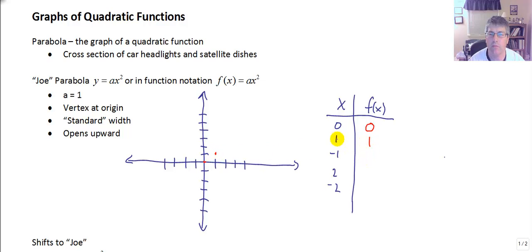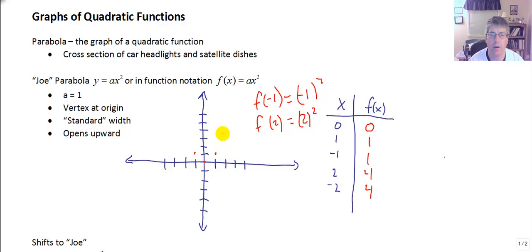If we put negative 1 in for x, then we get 1 out again. Okay? Our function f of negative 1 equals negative 1 squared. So when we input negative 1, we output positive 1. When we input 2, we output 2 squared, we output 4. When we input negative 2, we output 4 again.